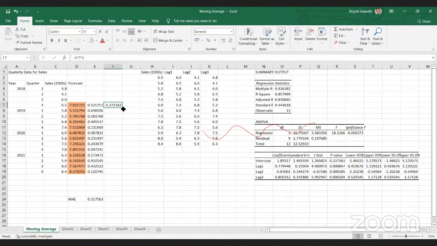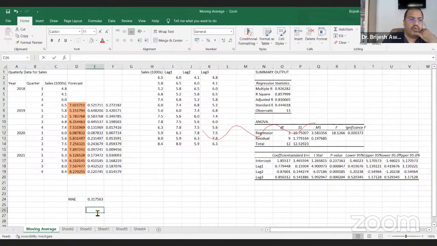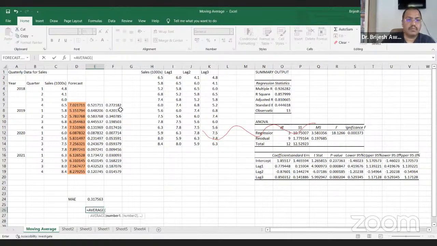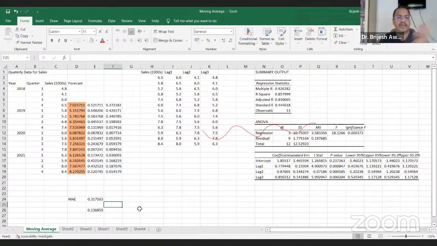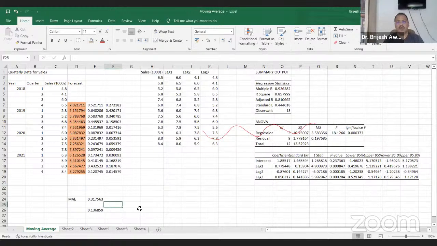A square of the error, and what I'm going to do is equals average of this. That is also 0.13. This is also close to 0. Any doubt up to this point, please let me know.